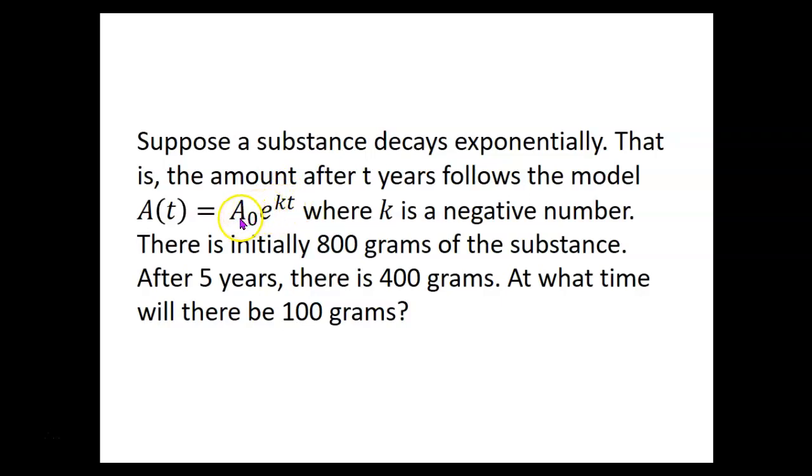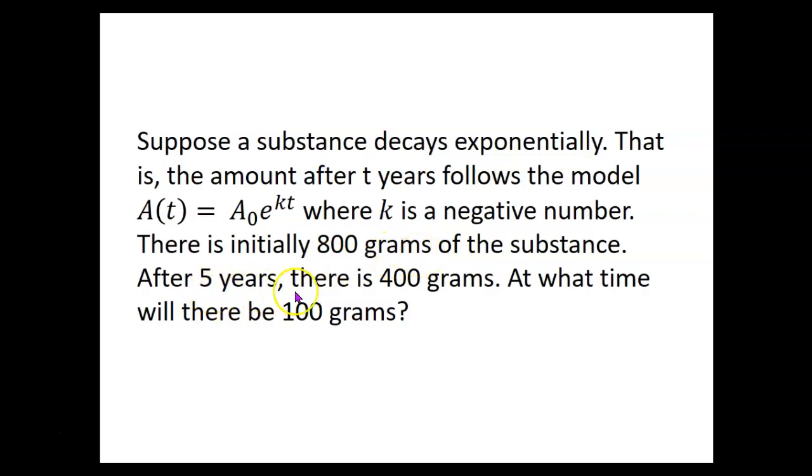So instead of just using a and b, I'm using a sub 0 for the initial amount, and k for the number up here times t, which the function depends on. And the k is a negative number if we're talking about exponential decay, something that gets smaller and smaller over time. There is initially 800 grams of the substance.